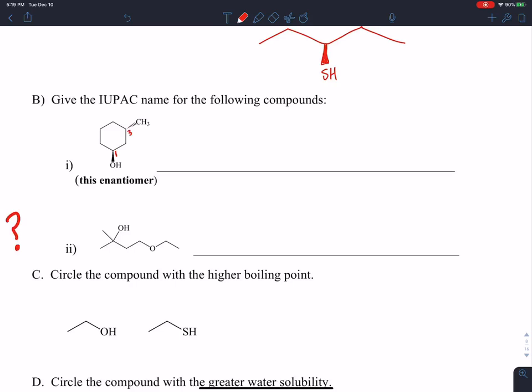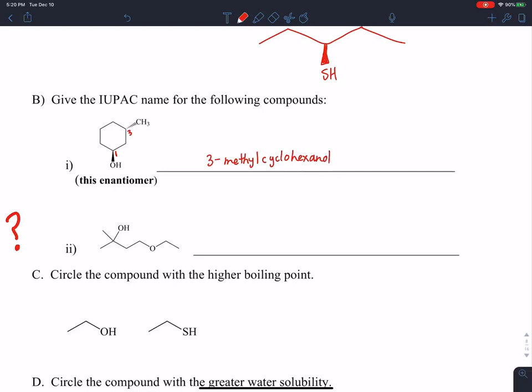So the name itself would be a 3-methyl. Actually, you don't have to write 1-cyclohexanol, because in a cyclic compound, everyone already understands that the alcohol gets number one priority. So you just write 3-methylcyclohexanol like that.